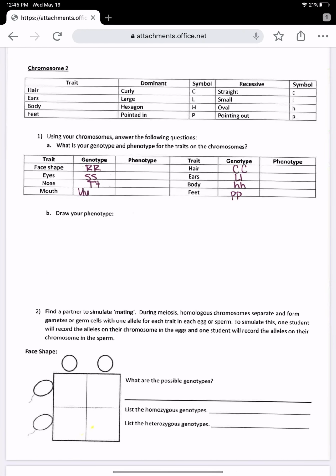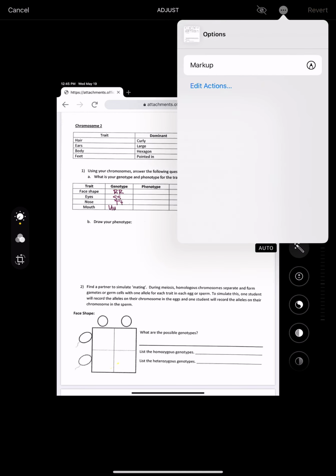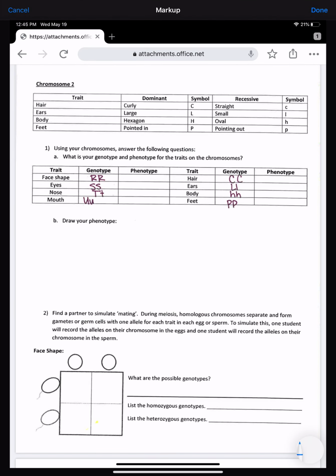Okay, so what you're going to do is, on every single one of these, tell me what that phenotype would look like. So let's do over here. So hair, you're going to have big C, big C. Big C, big C is curly. I can't spell today. Big L, little l, you have one big, one small, and so you're going with the dominant trait.